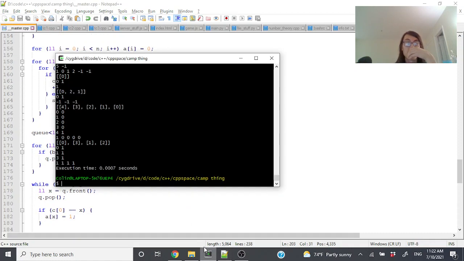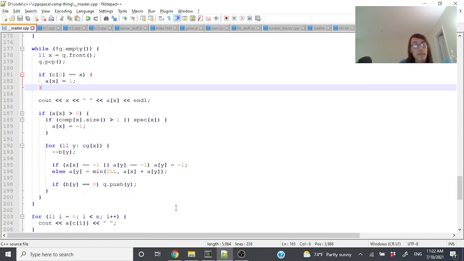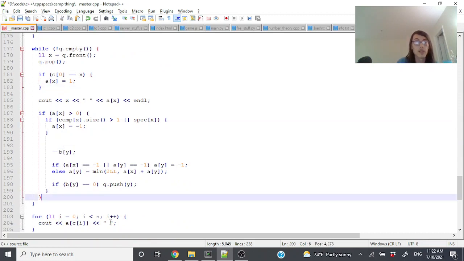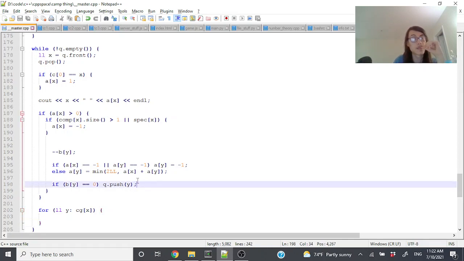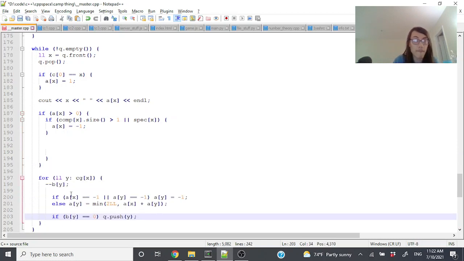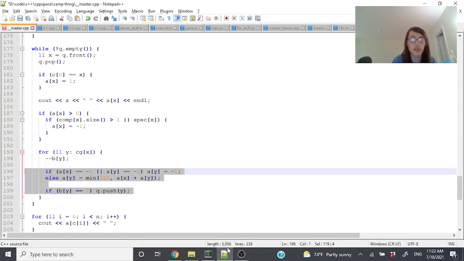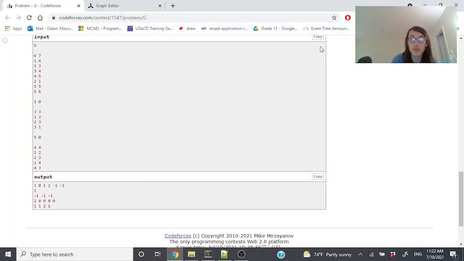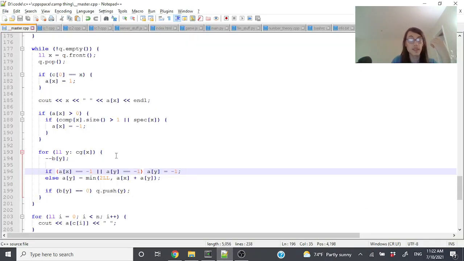I don't really care, it doesn't matter that much. Bi is equal to 0, q dot push I. Oh wait. That is also y. I actually don't get why that applies here, but okay. Yeah, we have to do this here. I don't get why that fixes this though. It doesn't. Why are we not visiting this?